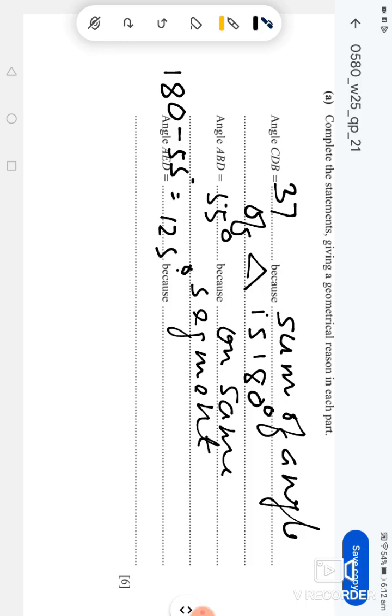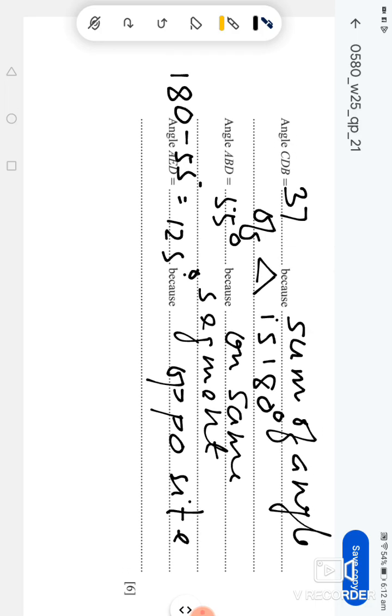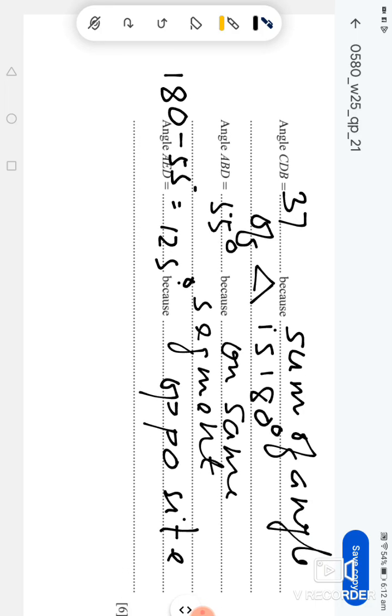So because opposite angles add up to 180 degrees.